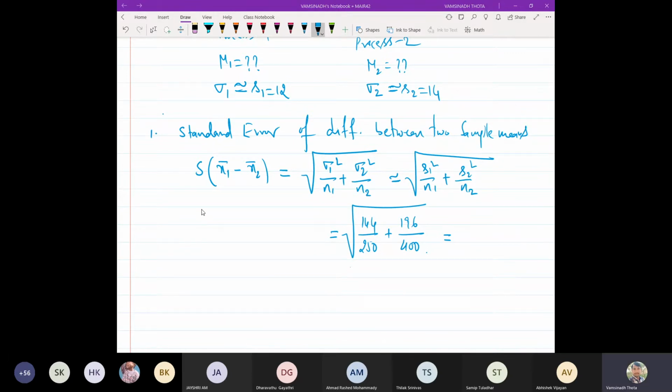This is 144 divided by 250 plus 196 divided by 400. It is 1.066.